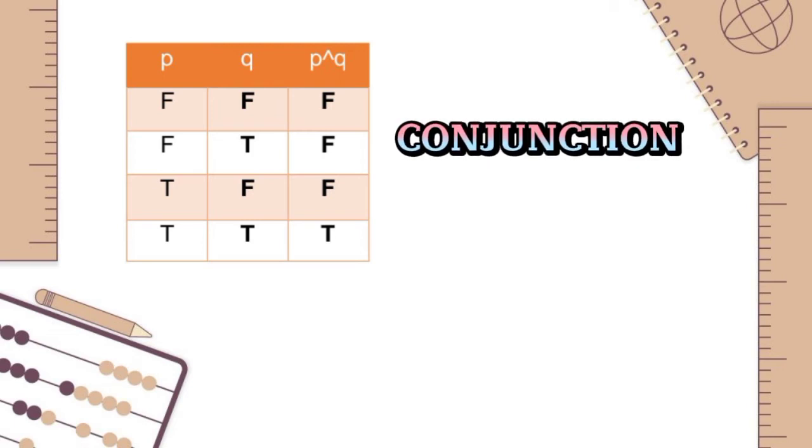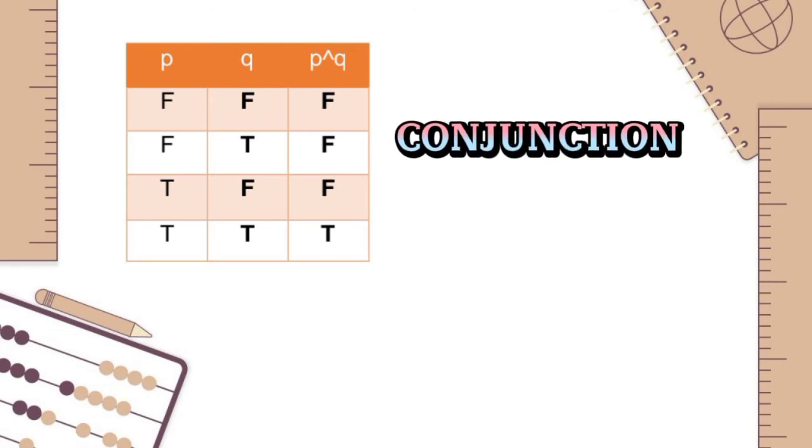So our n is 2 since we have two statements, which are P and Q. As you observe, the P column contains false, false, true, true, as well as the Q column: false, true, false, true. And P and Q contains false, false, false, true. Because if we talk about conjunction, it is true when both P and Q are true.